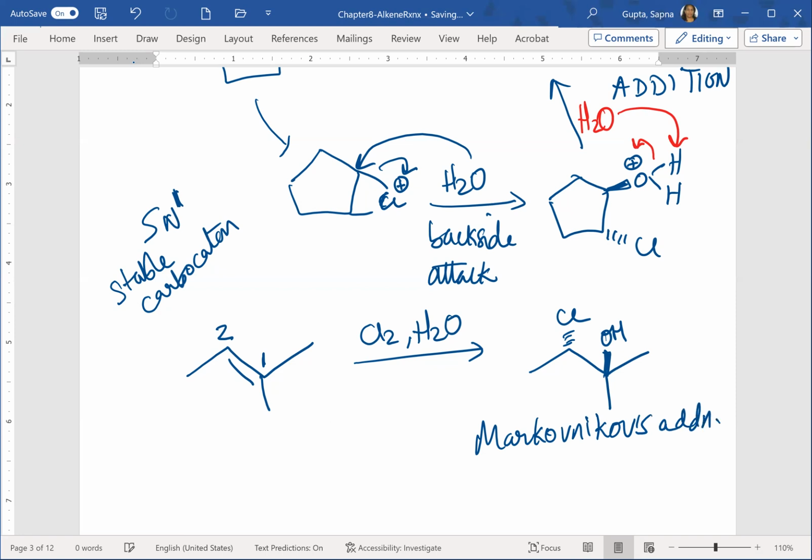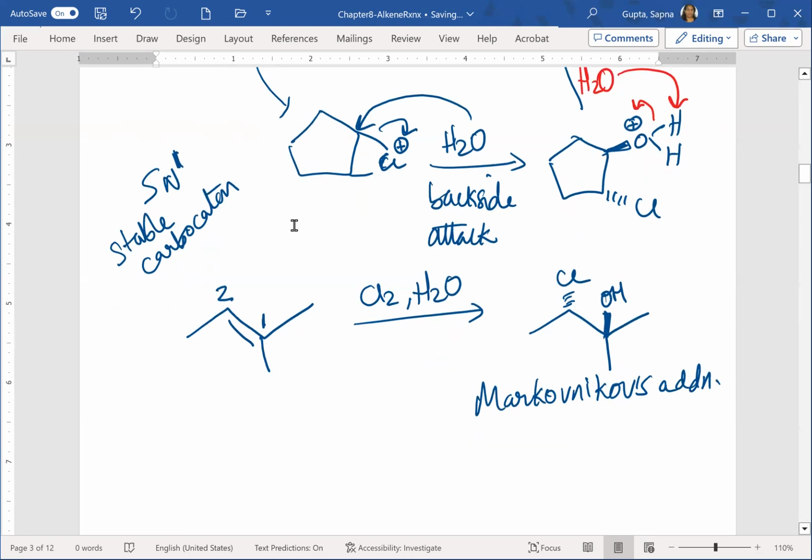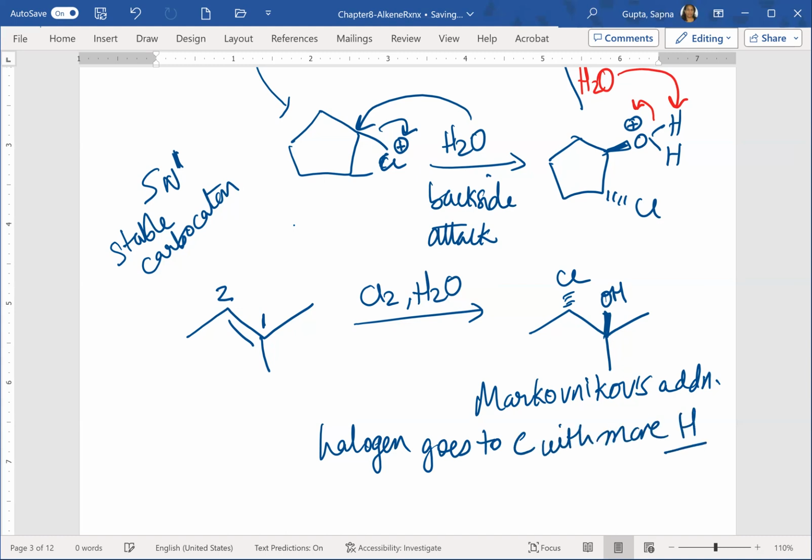The only thing here about Markovnikov's addition is that the halogen goes to the carbon with more hydrogen. So instead of hydrogen going to the carbon with more hydrogen, it is actually the halogen. Hopefully it will be easier to remember when you say it like that.